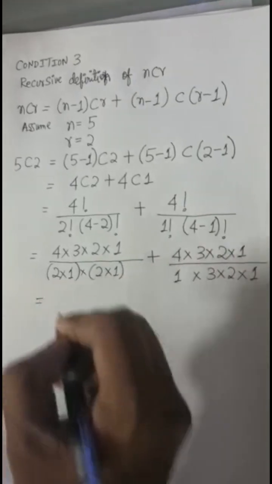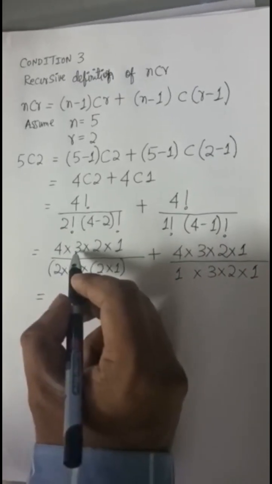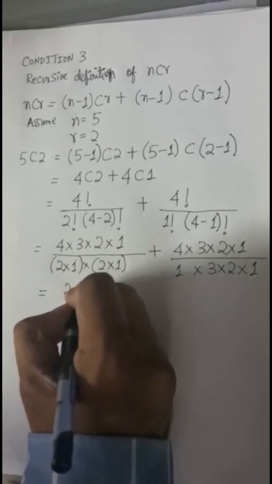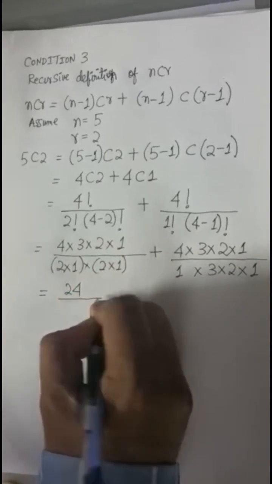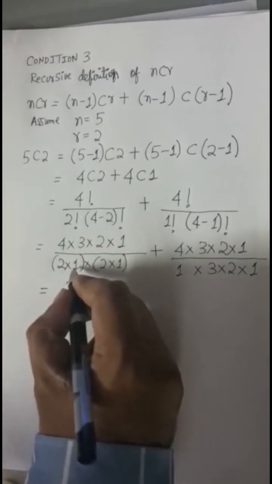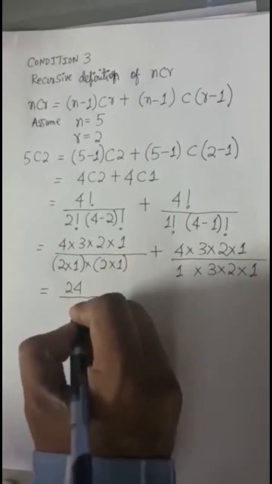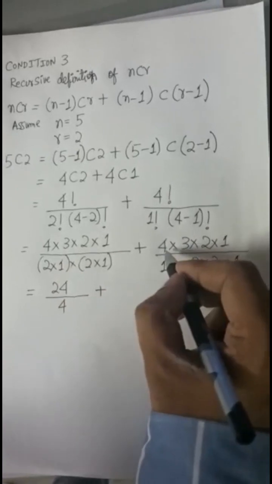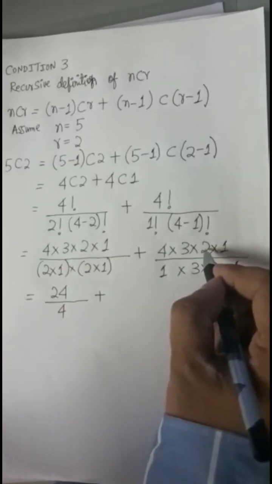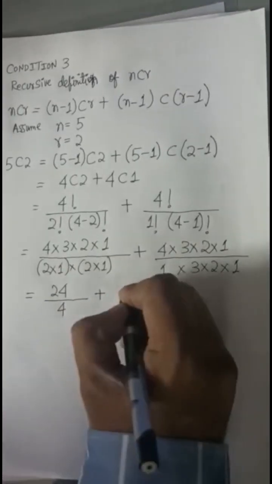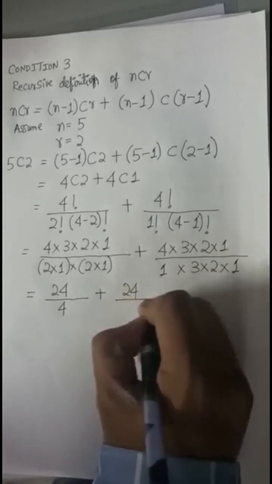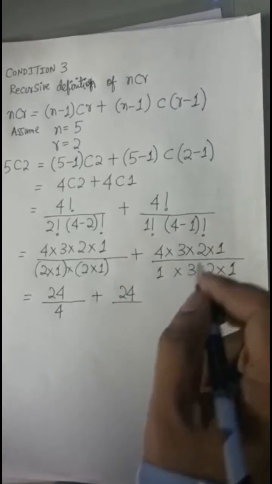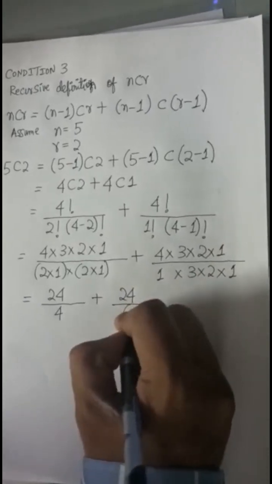So here you can see that 4 into 3 is 12. 12 into 2 is 24. 24 into 1 is 24, divided by 2 ones are 2, 2 ones are 2. 2 into 2 will be 4. Plus here you can see that 4 into 3 is 12. 12 into 2 is 24. 24 into 1 is again 24, divided by 1 into 3 into 2 into 1, which will ultimately be 6.